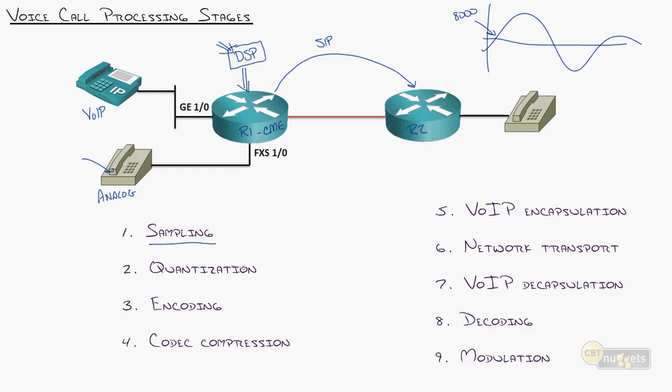From there, it's doing quantization, essentially translating those samples into a number, a value of some sort, and then encoding it using whatever codec algorithm you're supposed to be using. For instance, G711, you have that U-law or A-law. It uses the encoding standards, PCM, those kinds of things, to where you're encoding it as a binary number.